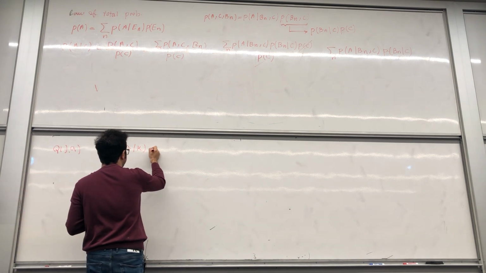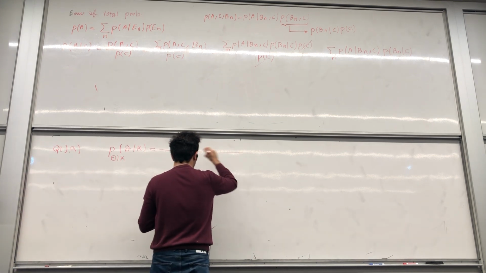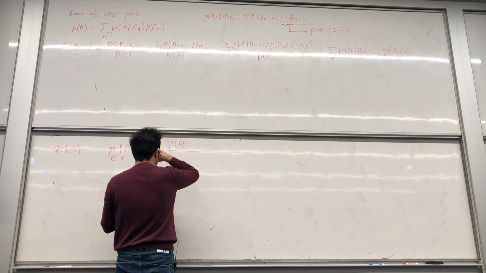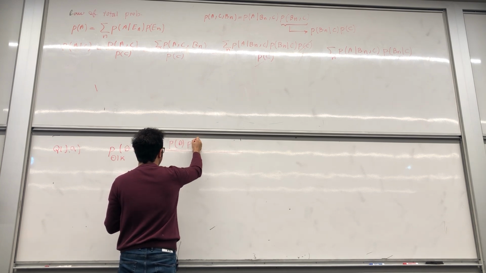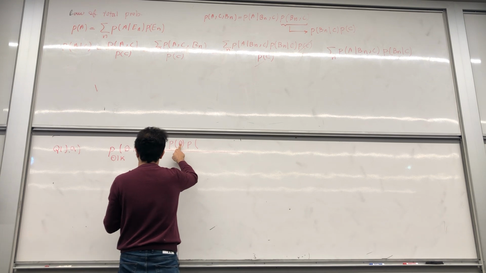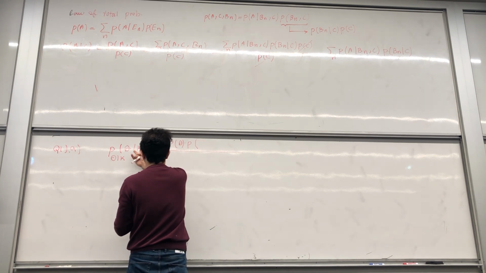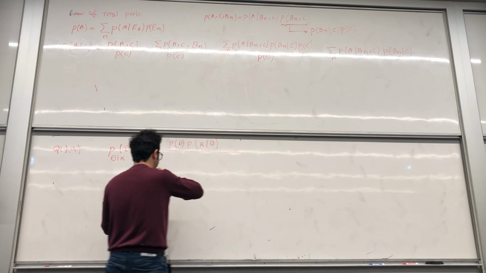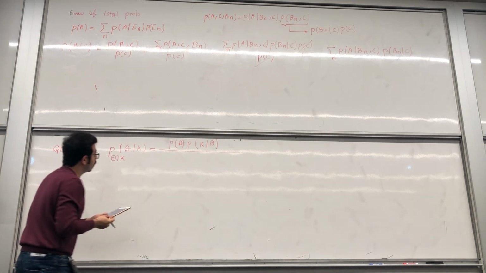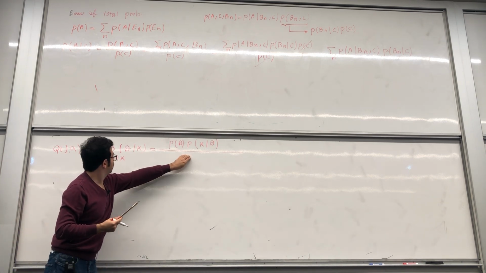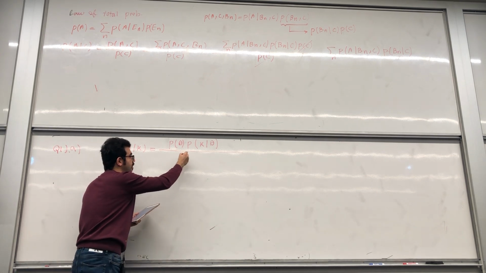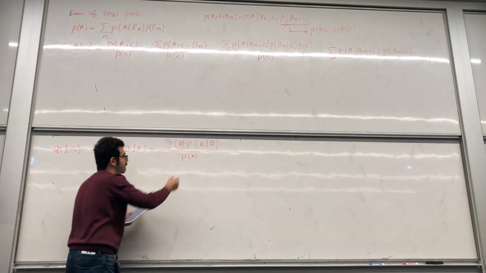Based on the Bayes formula, this is equal to the probability of theta times the probability of k conditioned on theta, over what I have to write here, because it is conditioned on k, the probability of k, right? What is k?